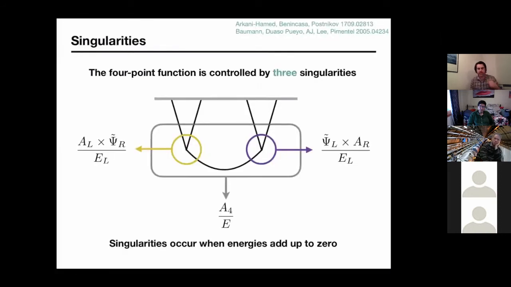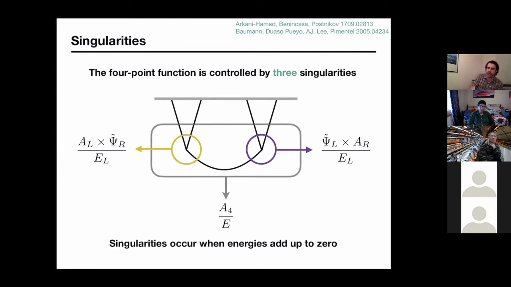Okay. So just as a summary of what I just told you. I'm mostly going to tell you about 4-point functions today, although we can talk a little bit about higher point functions if you're interested. But the 4-point function is really controlled, at least at tree level, by these 3 singularities that I just described.